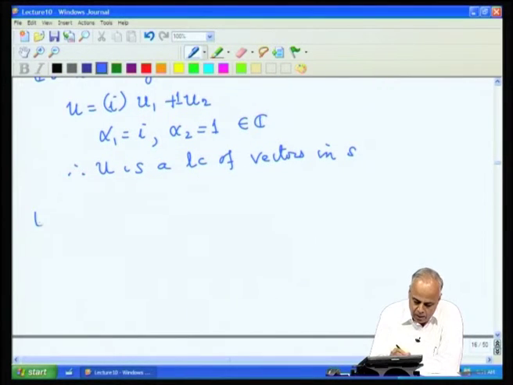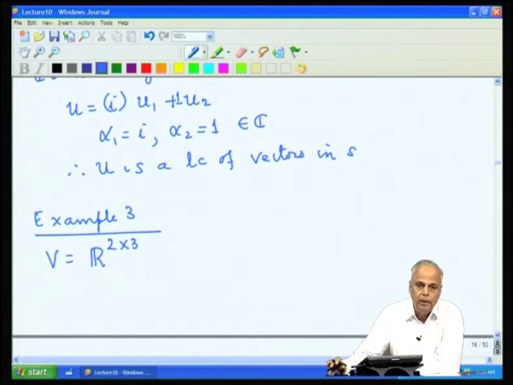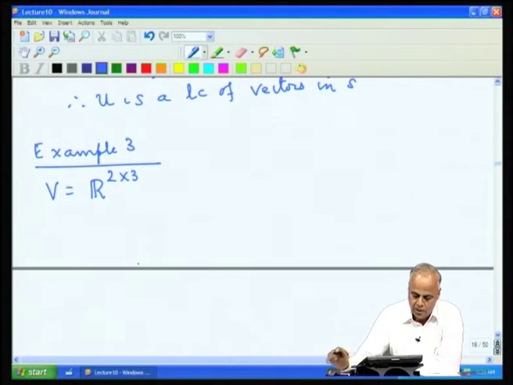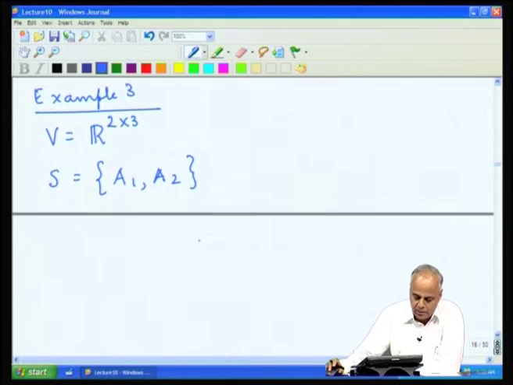Let us look at another example. Let us take the vector space V to be the vector space of all 2 by 3 matrices. Again, we look at a finite set of vectors to make things simple. Let us look at two vectors. Now, vectors are all matrices.